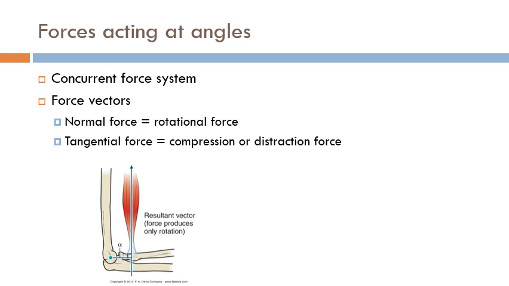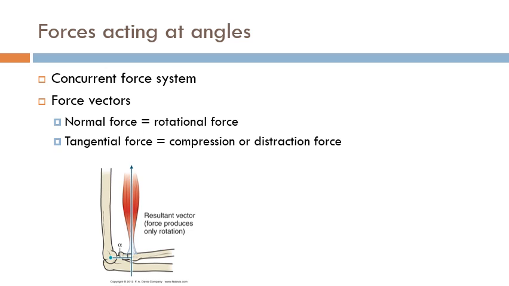What determines which force is the more predominant force is based upon the position of the joint. Ideally, when the vector producing force is perpendicular to the body segment, everything's going to be rotational.